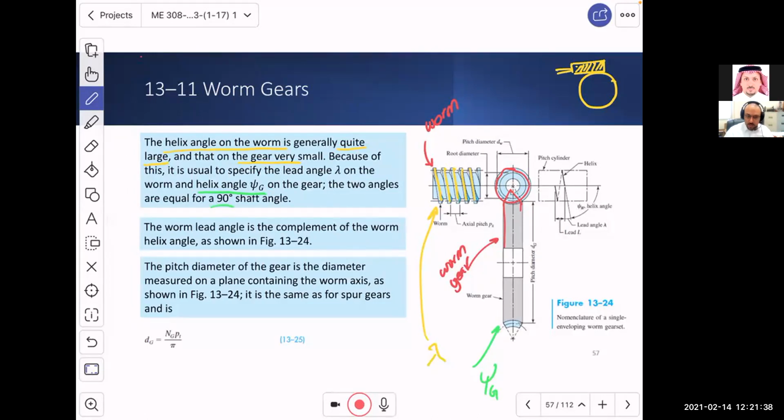Similar to other gearing systems, the pitch diameter for the gear is equal to the number of teeth for the gear multiplied by the, do you remember what is PT? Anybody?